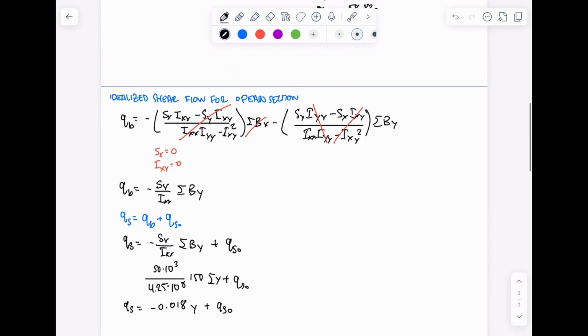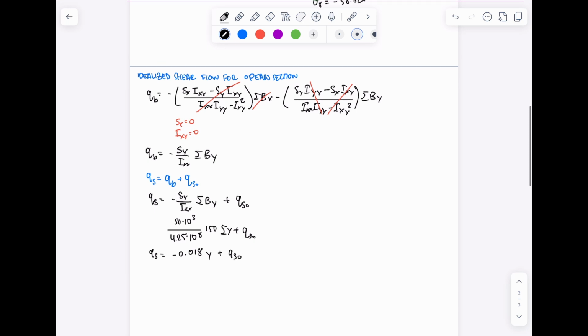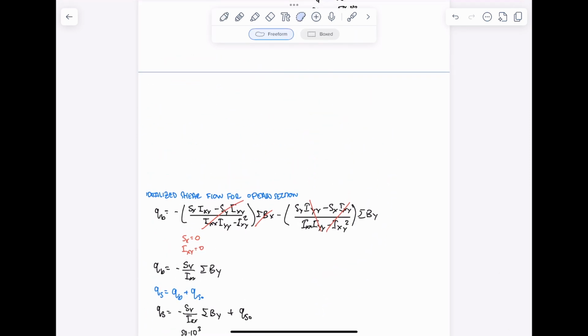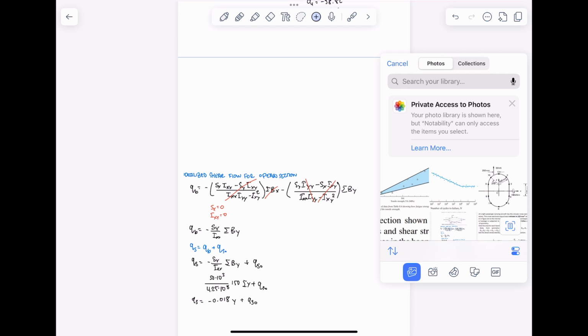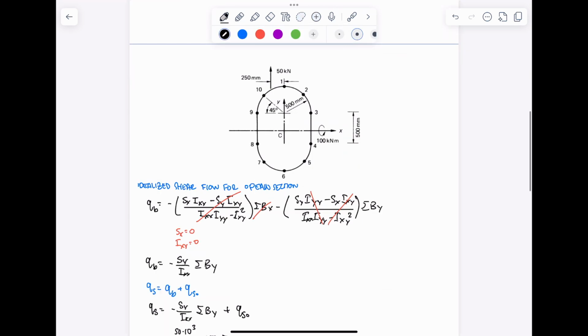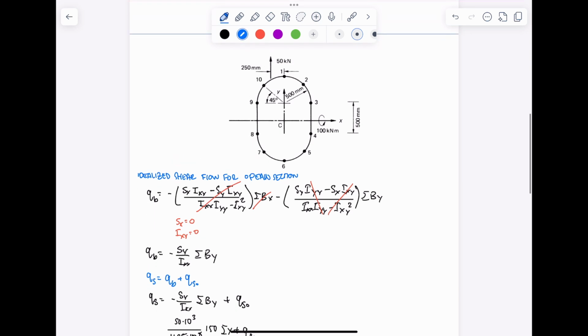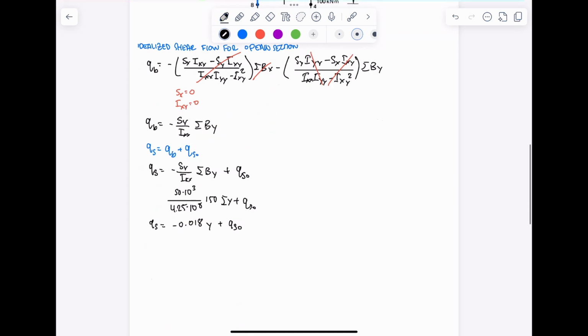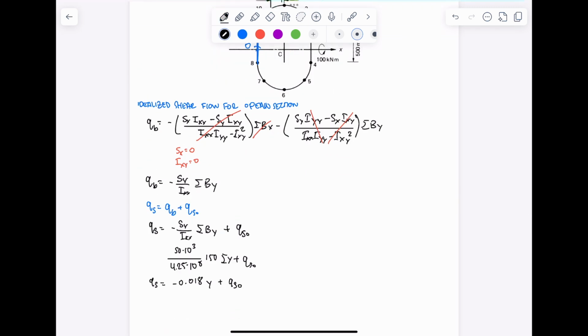So first we have to make a cut in the geometry. Let's move all this down, plug in the geometry. So we're going to make a cut in between 8 and 9. This will be equal to 0. So if we write this down, let's move up here. Q of 8 to 9 is 0.